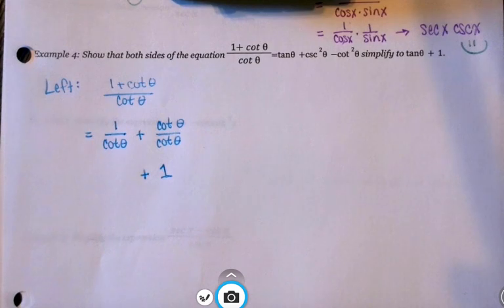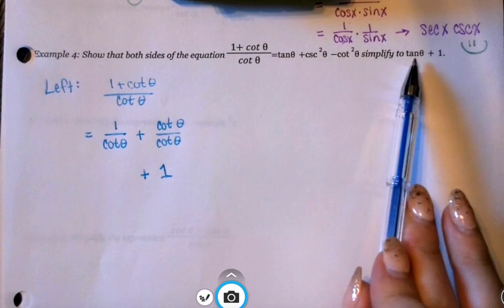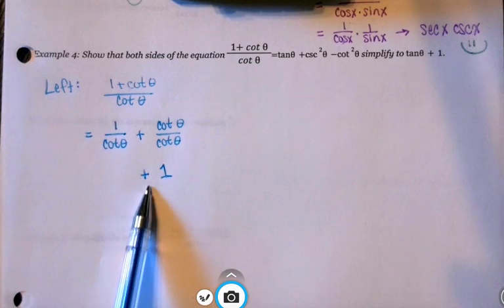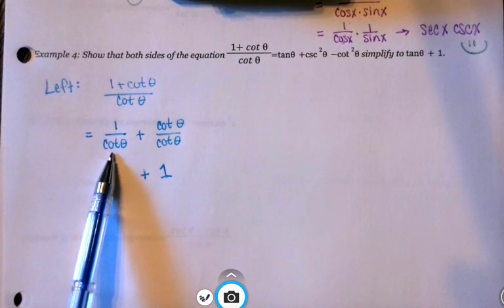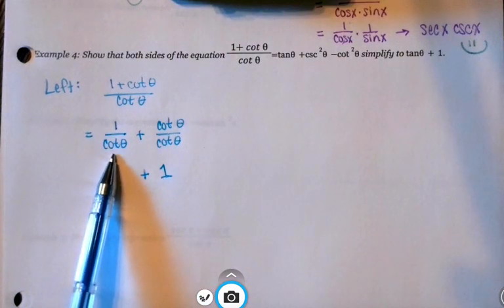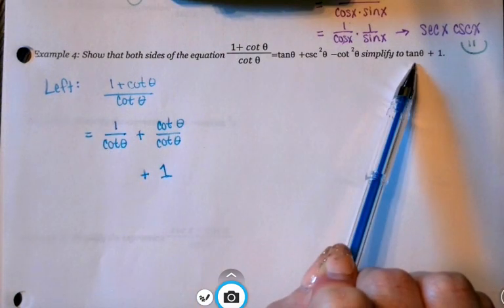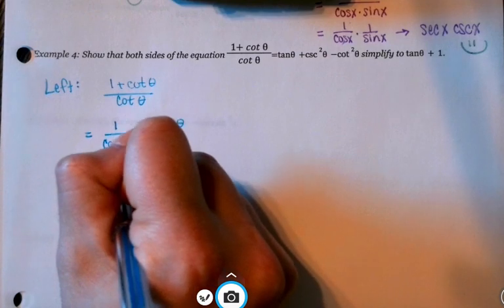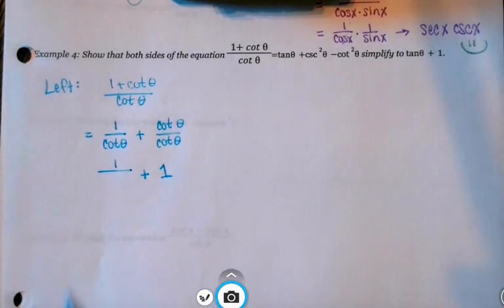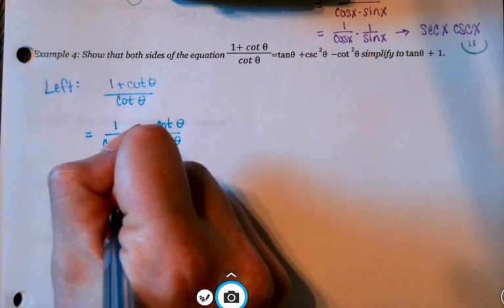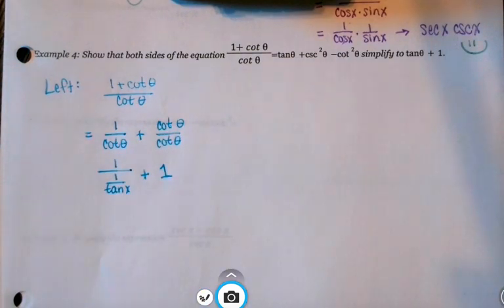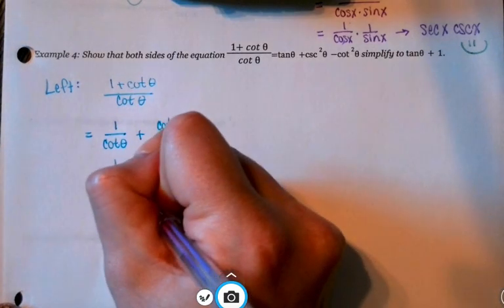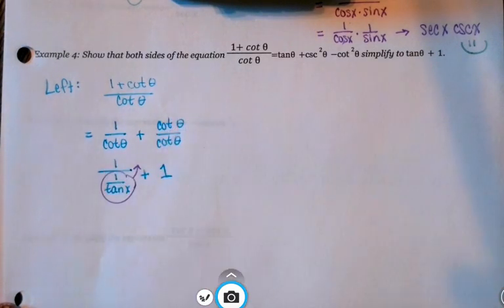And then if I know that I have to get it to tangent plus 1, well, I have my plus 1. So I want to think about how I can rewrite cotangent in terms of tangent. So I have 1 over, and then cotangent is actually 1 over tangent. Well, if I have a fraction in my denominator, I know that I can multiply by the reciprocal.